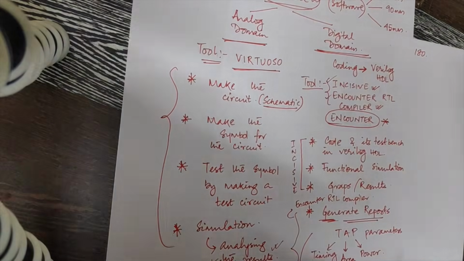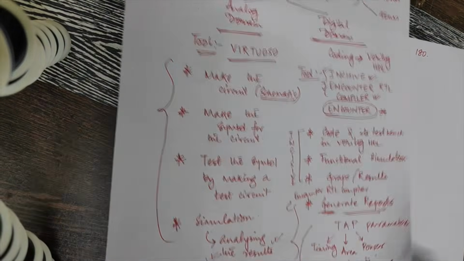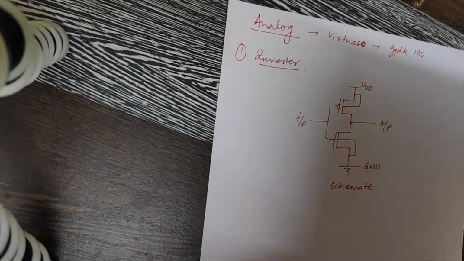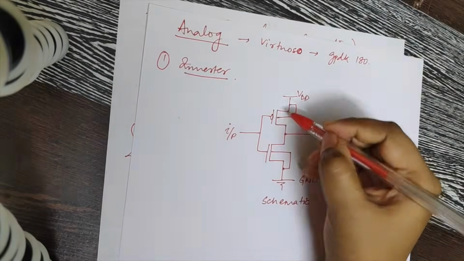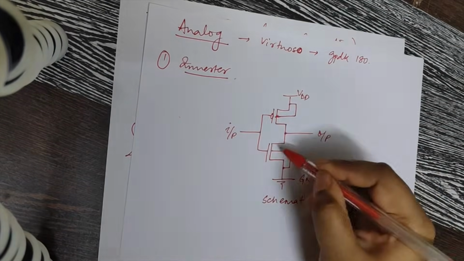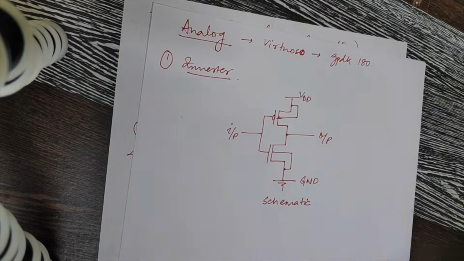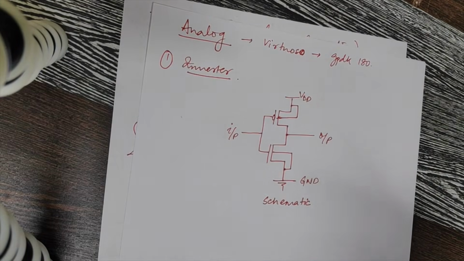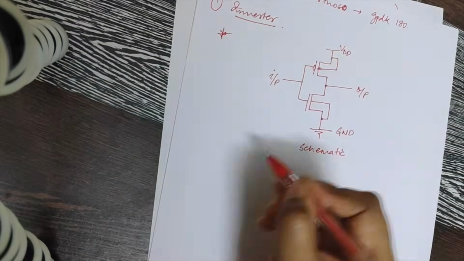So, what we will do, we will select PMOS, NMOS and then we will make the interconnections as per this schematic on the editor screen. So, first step is done.